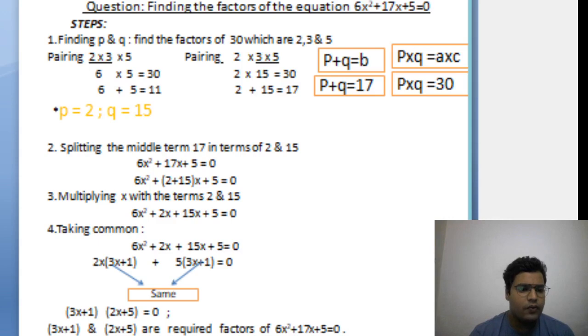So now what we are left with is just two brackets, 3x plus 1 and 2x plus 5, equals 0. These two brackets, 3x plus 1 and 2x plus 5, are the answer. Actually, they are the required factors of the given polynomial equation. So this is the process through which we can find the factors of any given polynomial equation by applying these steps.